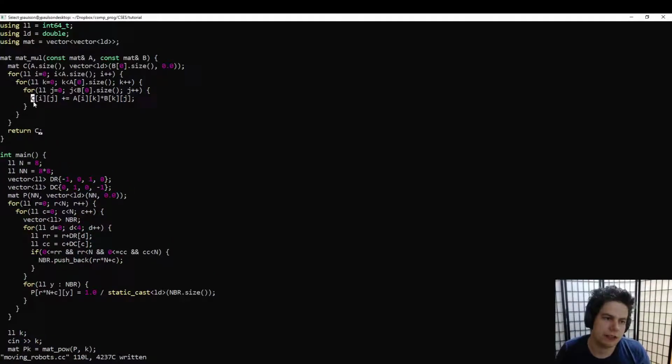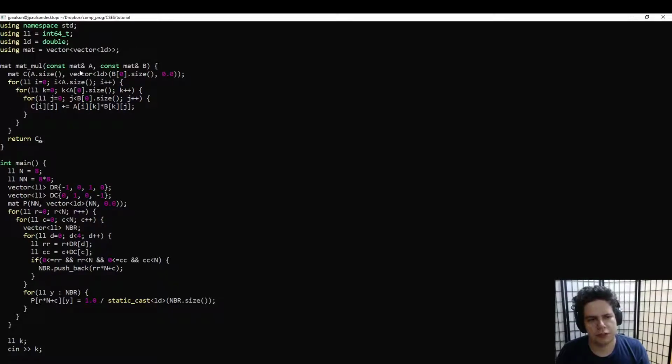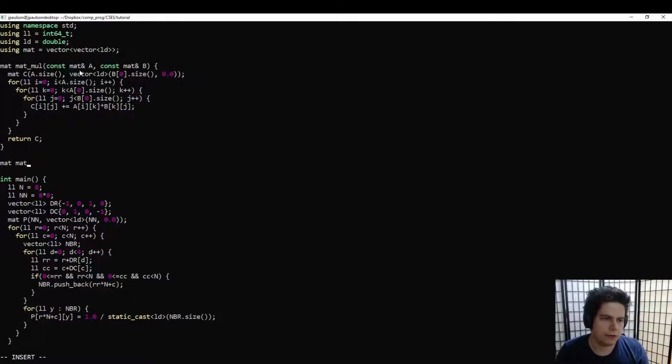No mods or anything like that because we're doing floating point. These are floating point numbers. There's no overflow. And anyway, they're probabilities, so they're between 0 and 1. Okay, now we want matrix pow.